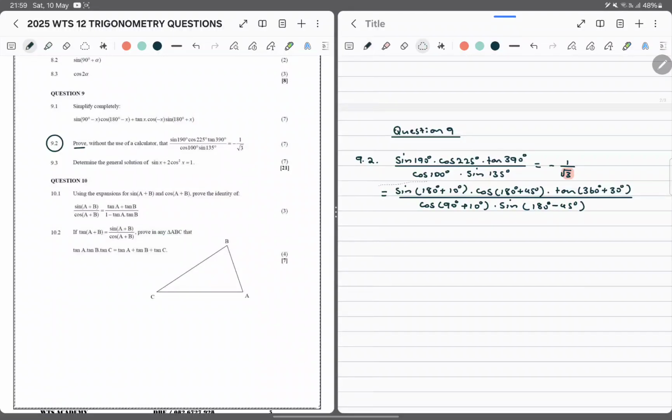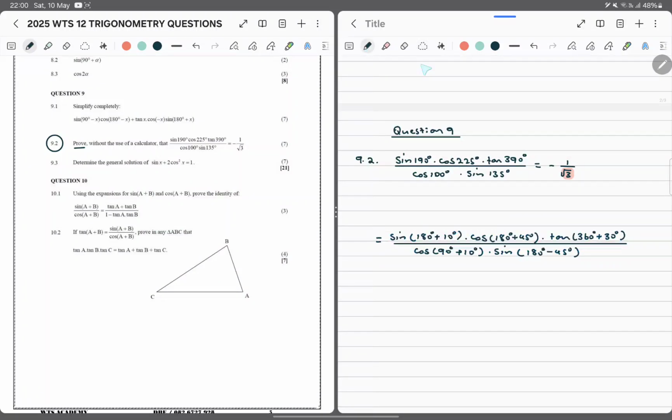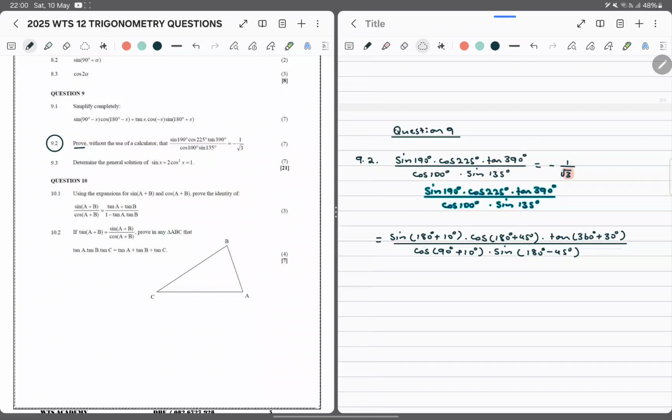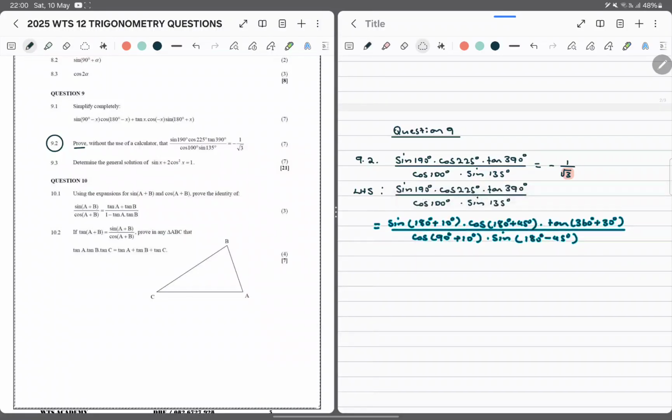In fact, this step is too fast. Be as systematic as possible. We still need to take the left hand side and say it. We must say it. The left hand side is giving us that, which then leads us here.